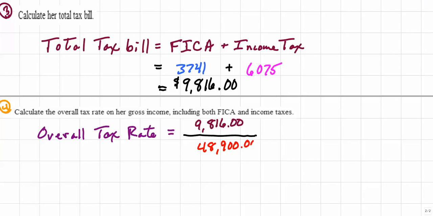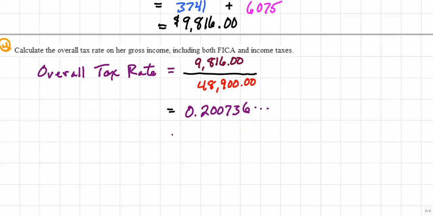So we do this calculation to get the overall tax rate. And when we do this calculation, we get the following decimal: 0.200736, and it goes on. And all we really wanted to do was round this to 3 places so that we can get the percentage. So we'll say that this will be equal to 0.201, which will be equal to 20.1%. And that's what our answer will be for the overall tax rate.